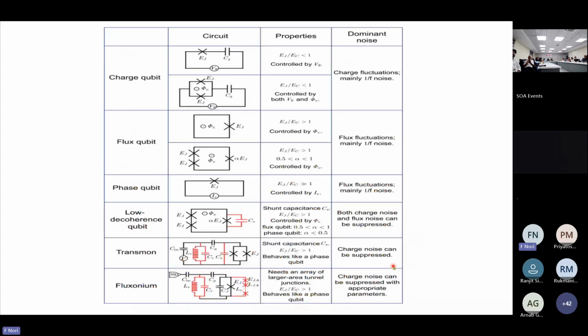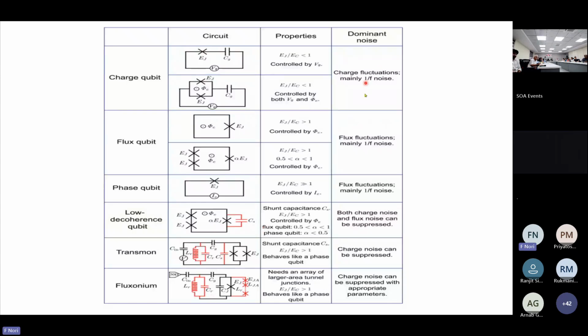And this is a different way, from a different review of ours, to put the charge qubit and modifications, flux qubit and modifications, phase qubits. And there are 3 basic modifications, like shunt capacitance on the flux qubit, or on the charge qubit, or the fluxonium.